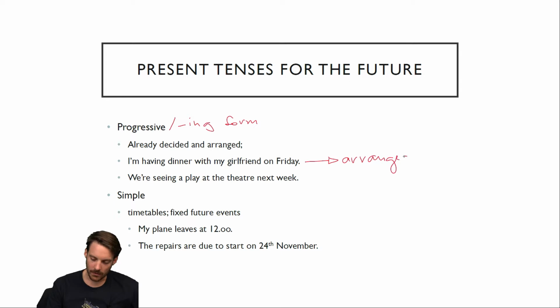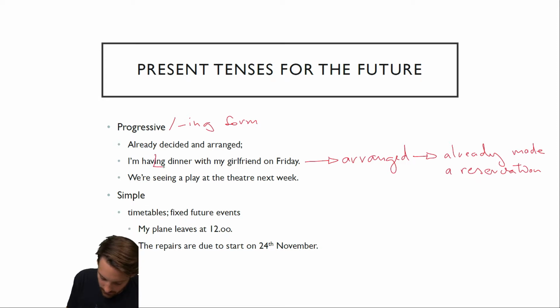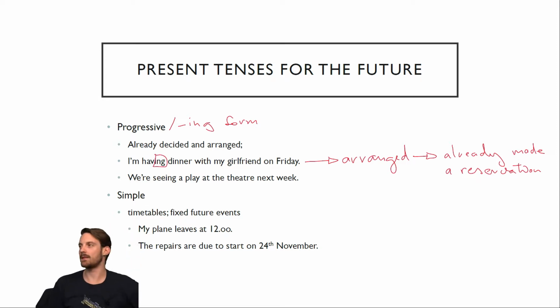Arranged. You have already made a reservation in a restaurant, for example. And therefore you use the ing form with the verb have in this case.